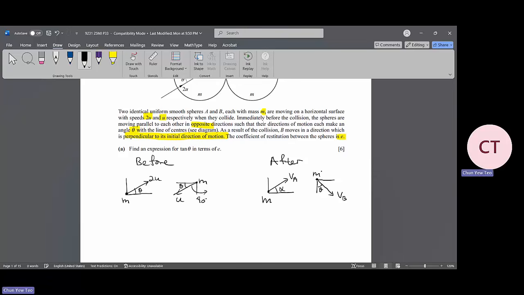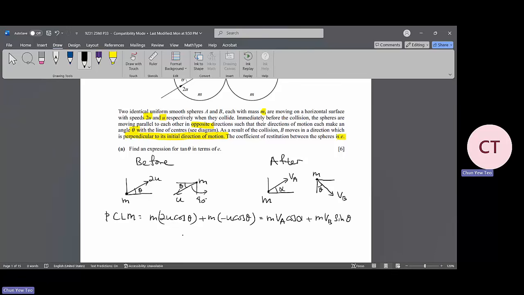So we start from the PCLM, the principle of conservation of linear momentum. You have m 2u cos theta plus m of negative u cos theta is equal to m VA cos alpha plus m VB sin theta.